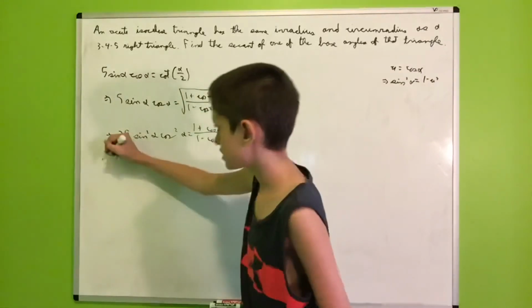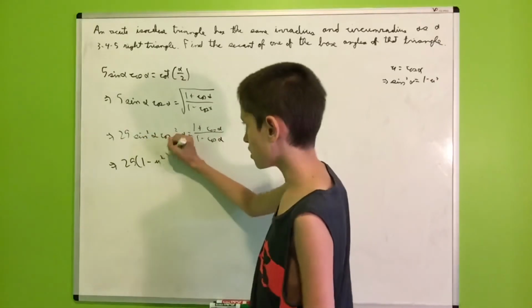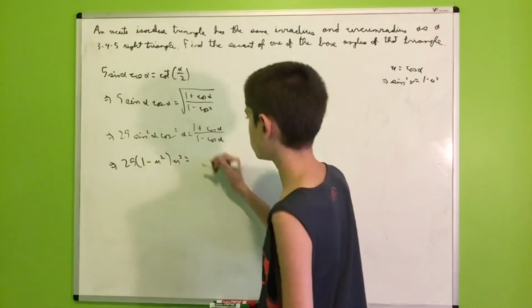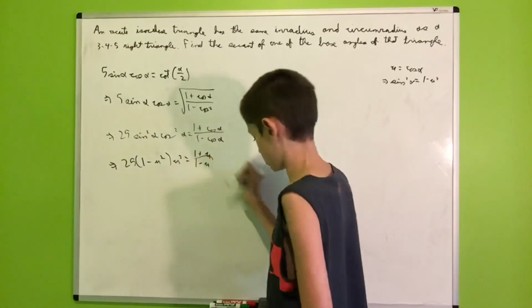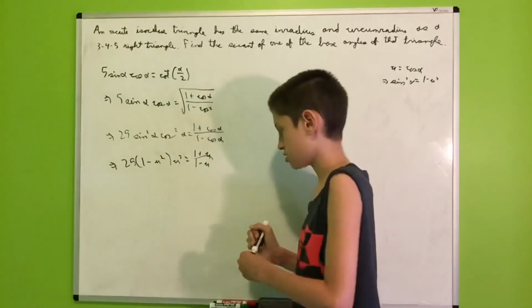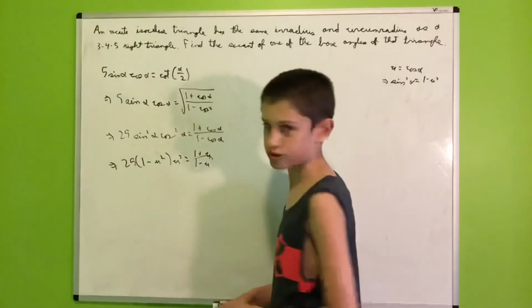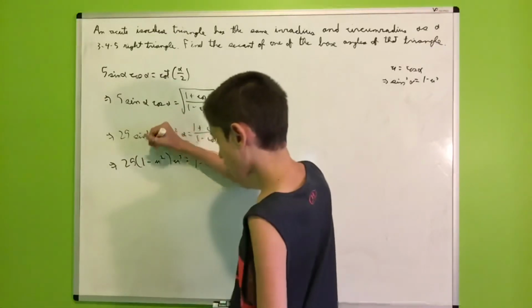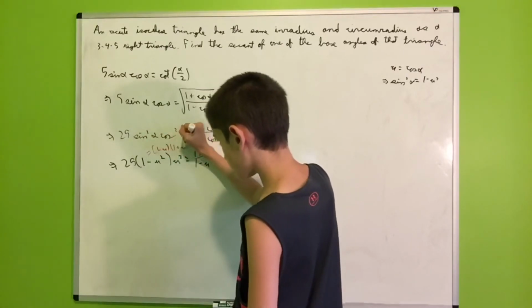So let's substitute everything in. We get 25 times 1 minus u squared times u squared is equal to 1 plus u over 1 minus u. But then we know that 1 minus u squared is simply a difference of squares, which can be factored into 1 minus u times 1 plus u.